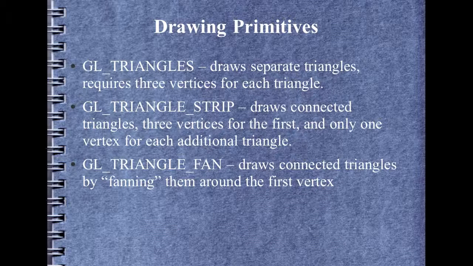So this will draw connected triangles: 3 vertices for the first and only 1 vertex for each additional triangle. And then in the drawing order, we specify how we want those vertices to be connected. And then GL triangle fan reuses 1 point. It reuses the first vertex for each triangle drawn. So this will draw connected triangles and fan them around the first vertex.